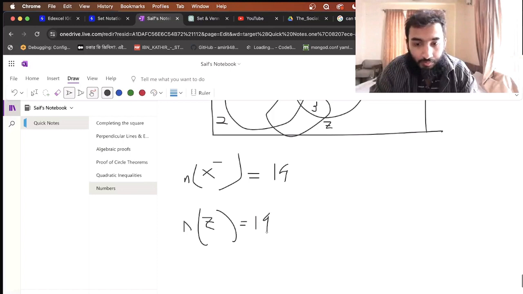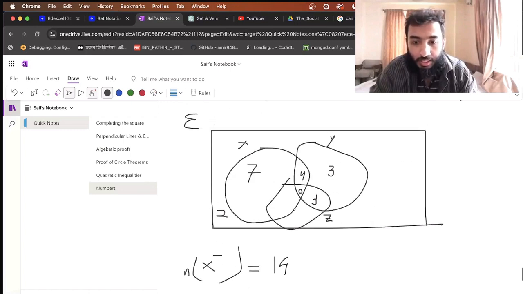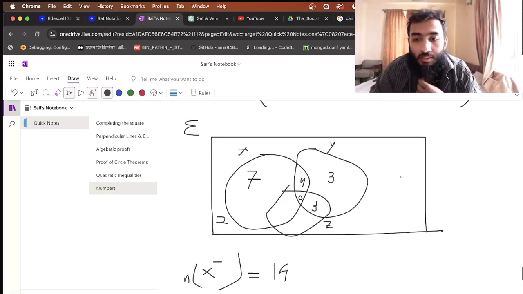So you have to figure out this area and this area. As you can see, this is the total rectangle, x, y, and z. So the number of z, like this area, is given as 14.